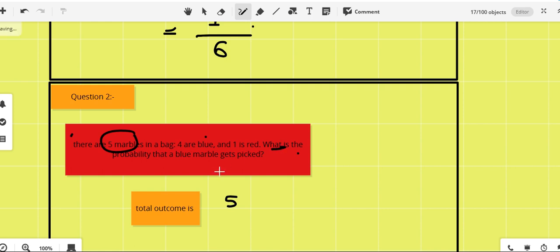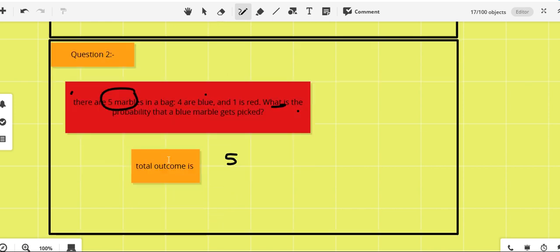The question asks the probability that a blue marble gets picked. Here blue are 4, so the probability of a blue marble is 4 out of the total possibilities, 5, so 4 out of 5.